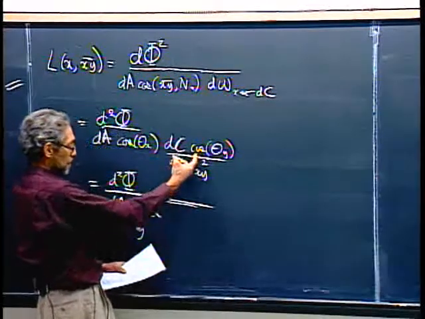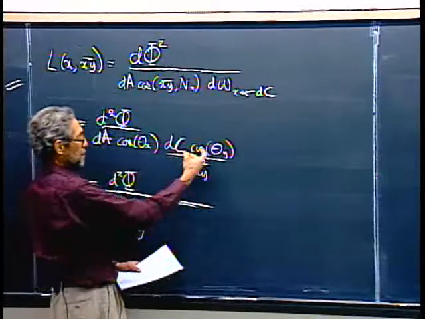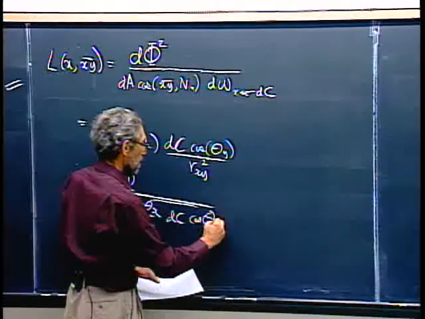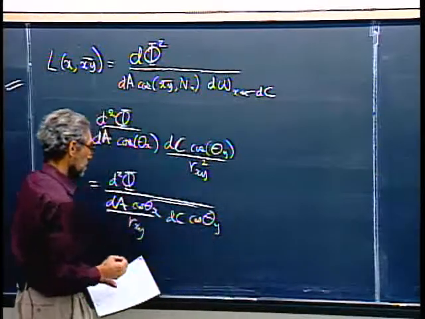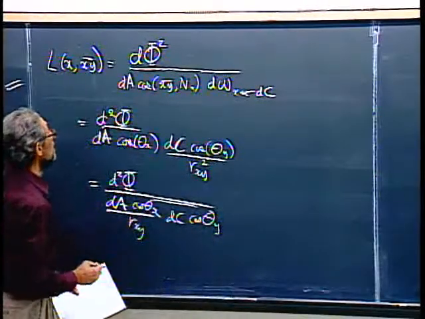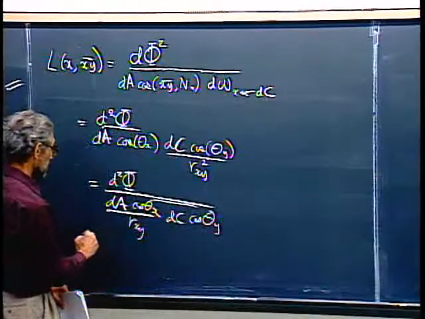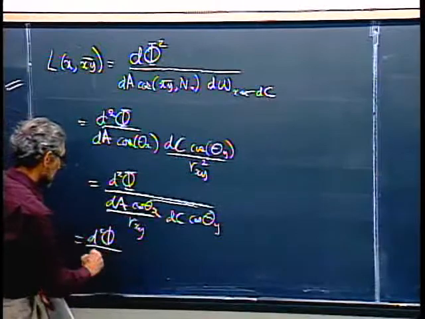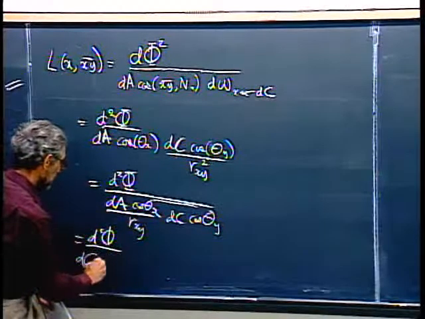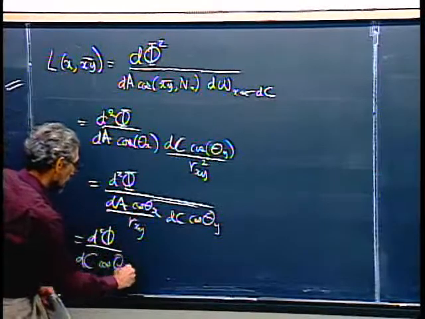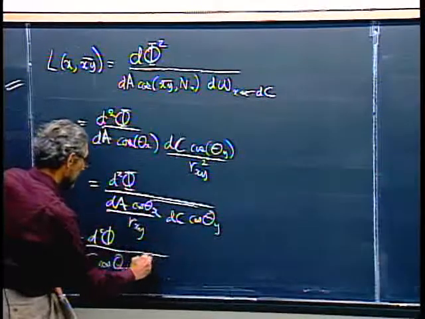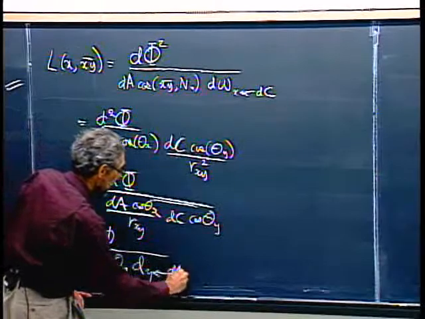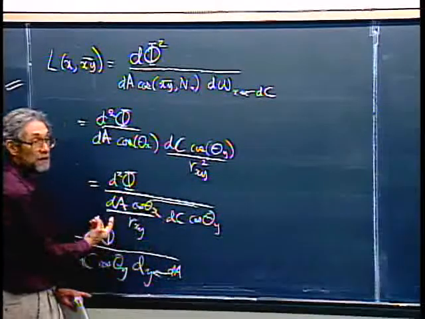If you put these over a common denominator and then take this away from the common denominator, it looks like d squared Phi times this dC cosine theta y, times the solid angle at y subtended by the area dA, because that's what this factor is.